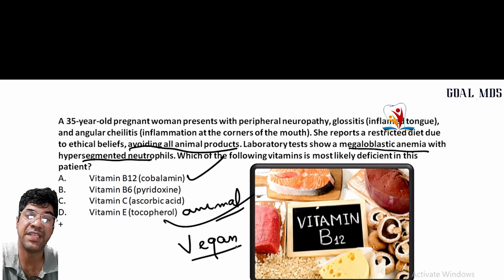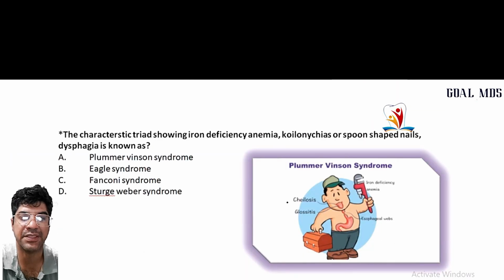Third is vitamin C deficiency, that is scurvy. Here the patient will present with bleeding gums, easy bruising, and poor wound healing. Whereas vitamin E deficiency, that is tocopherol deficiency, can cause neurological symptoms, but it is less likely to be as mentioned in the clinical history and presentation.